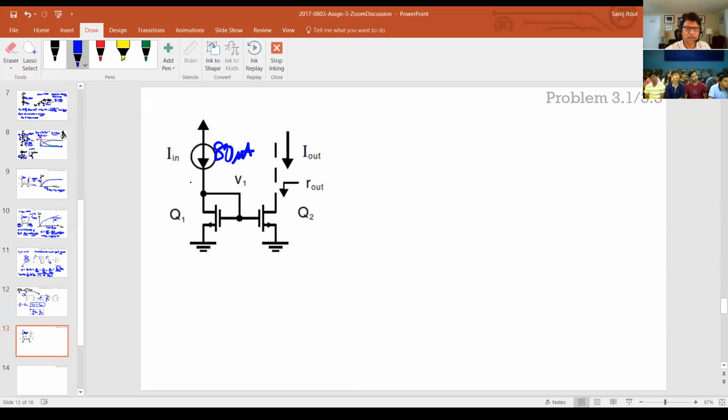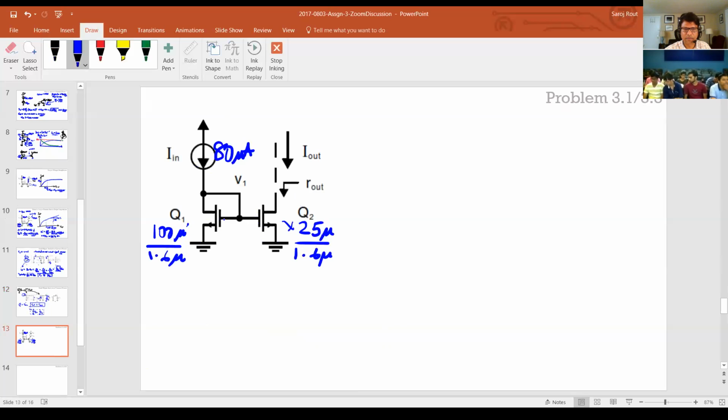And I think the sizes were given to you. This was 100 micron by 1.6 micron. And this was 25 by 1.6, right?